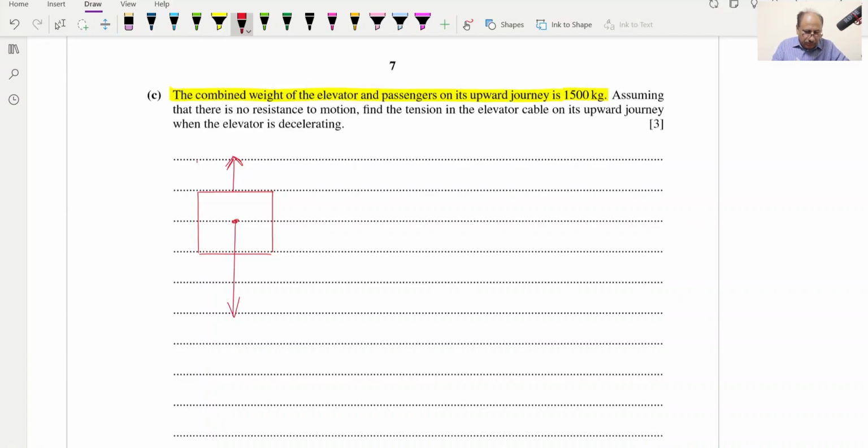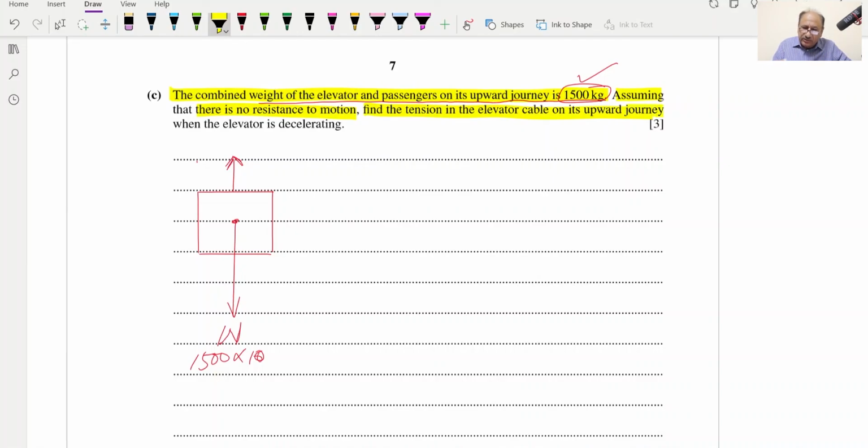So this is W. The mass is 1500 kg, so 1500 multiplied by 10 will be the weight, assuming that there is no resistance to motion. Find the tension in the elevator cable on its upward journey.